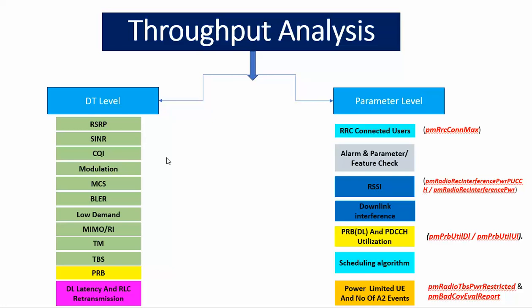Second thing: low demand. If you are checking throughput and you are demanding very low throughput, suppose you are uploading or downloading a 5 MB file or 10 MB file and you want the peak rate, it is not possible, because this is very low demand, so the NodeB assigns low resources for a low demand.